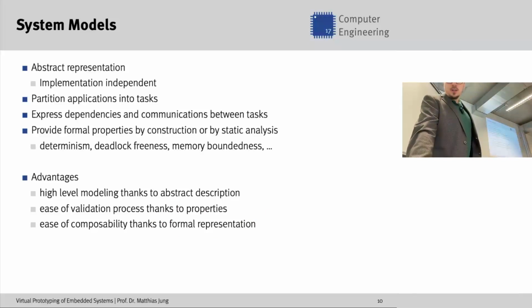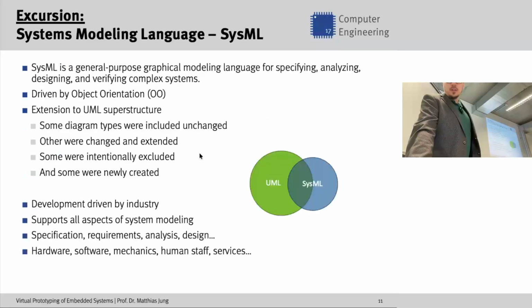Okay, what this lecture will not be about, and therefore I put the excursion on it: there are also some high-level languages to model something. You know UML for sure, but have you heard about SysML also? In embedded systems, this is basically an extension to UML. Some parts of UML are also included in SysML, and this is driven a lot by object orientation.